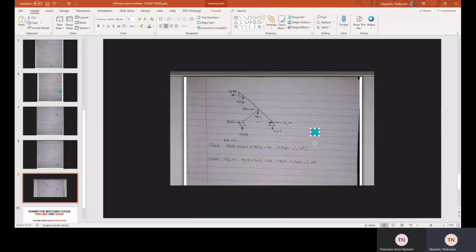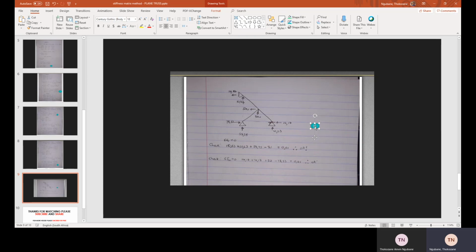Okay, we have our forces. Then remember, we have our external forces, which are 50 and 80. And then let's check if our truss is correct now. We're using the sum of vertical forces equal to 0, and the sum of horizontal forces equal to 0.